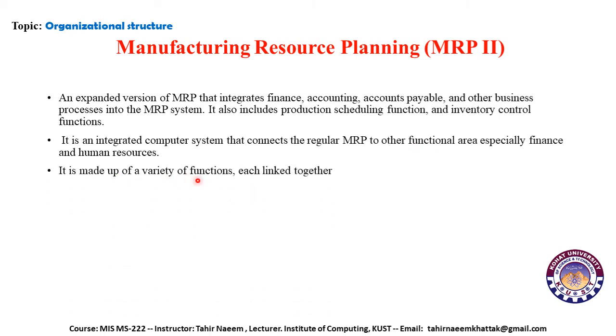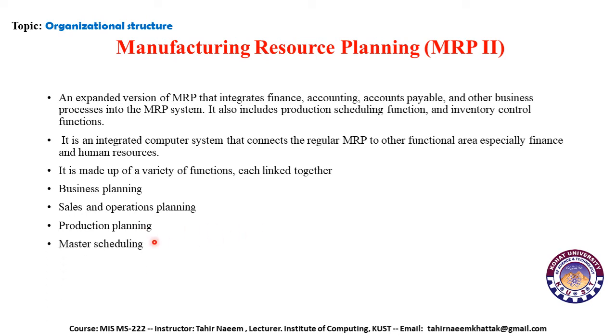It is made up of a variety of functions, each linked with each other: business planning, sales and operations planning, production planning, master scheduling, material requirement planning, capacity requirement planning.